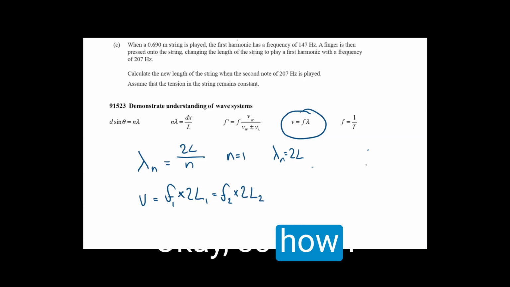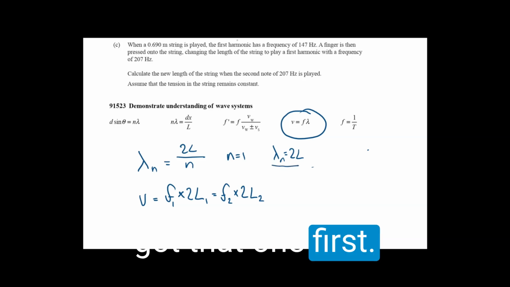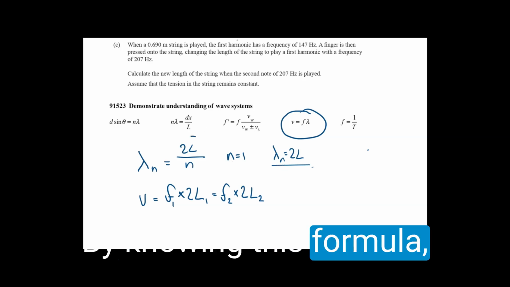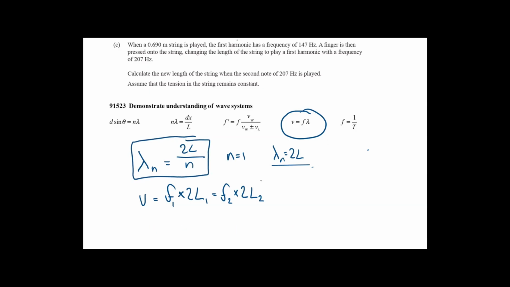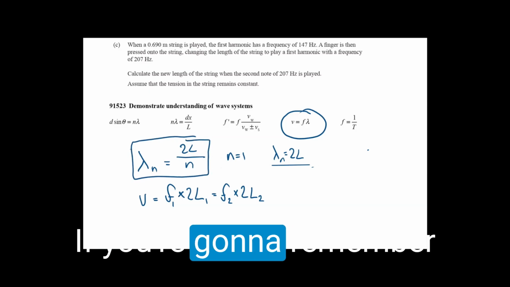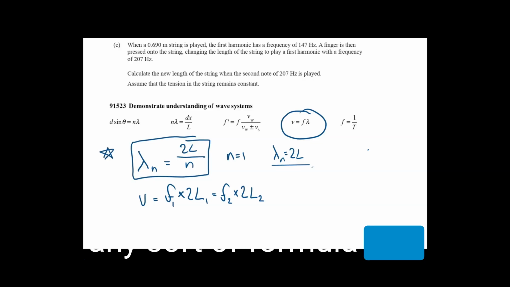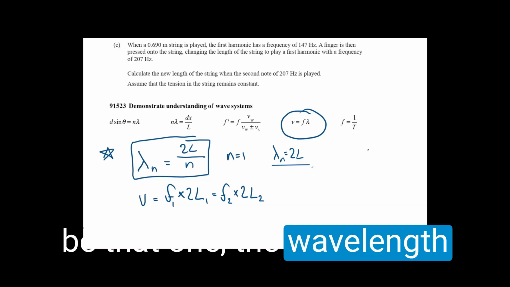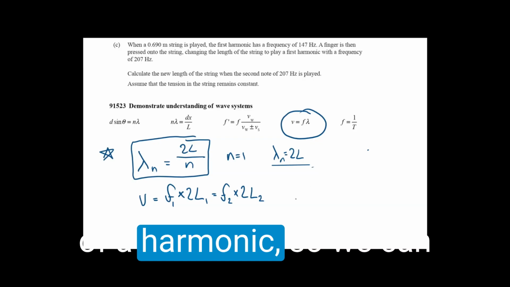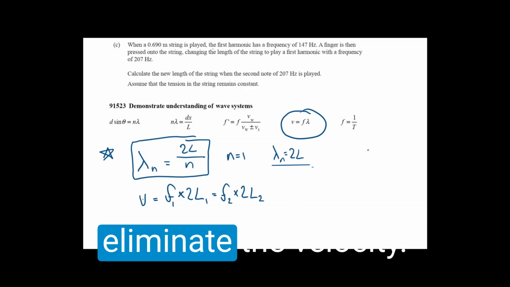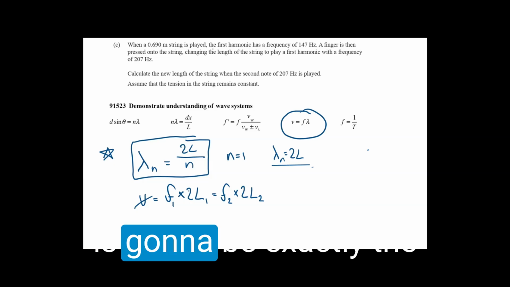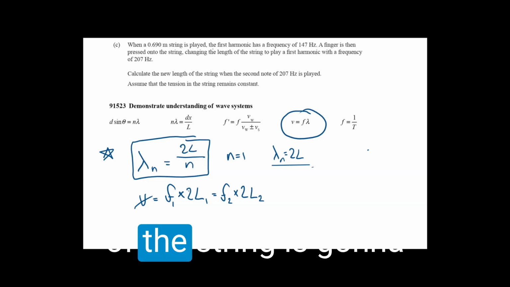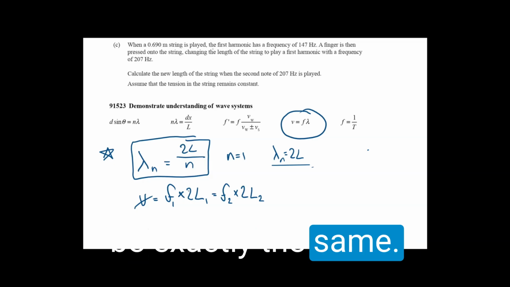This is the key formula. If you're going to remember any formula that they don't give you, it'll be that one, the wavelength of a harmonic. So we can eliminate the velocity, because the velocity of the string is going to be exactly the same.